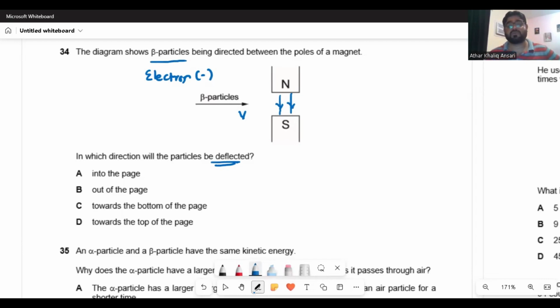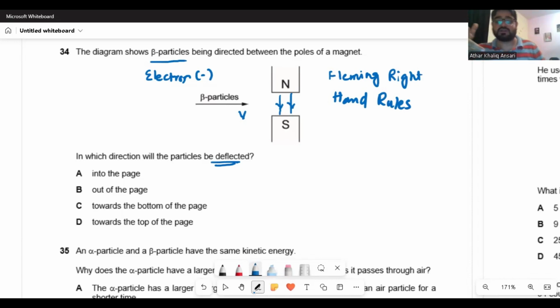To find the force, we use Fleming's right hand rule. So, what is Fleming's right hand rule? It says you have to use your right hand to find the direction of the force on this particle. Stretch your right hand fingers in this way: the thumb points out the force, the first finger is the magnetic field, and the middle finger is the direction of the velocity.